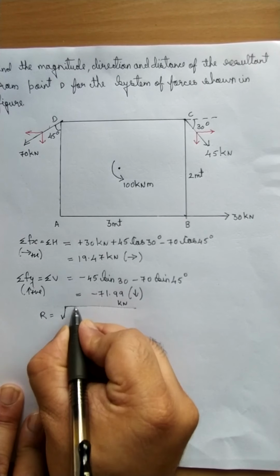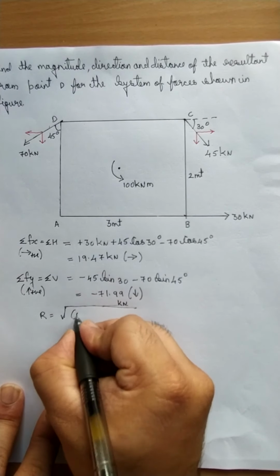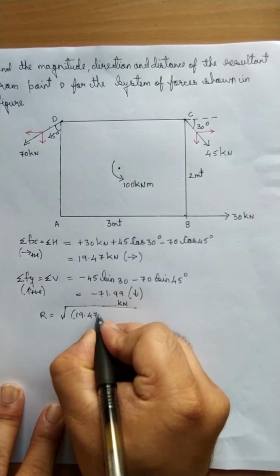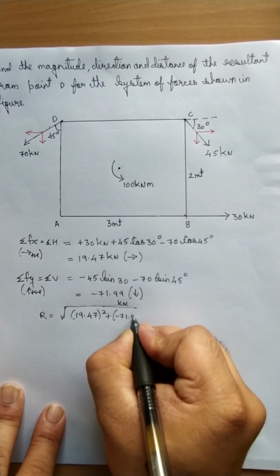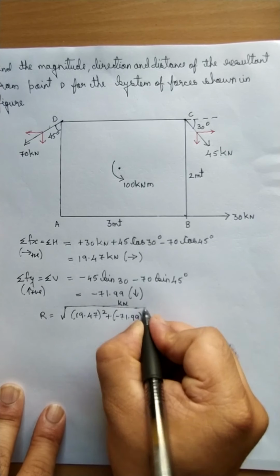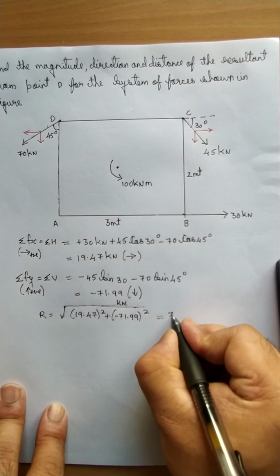The resultant will be the root of summation of Fx squared plus summation of Fy squared. So it will be 19.47 squared plus minus 71.99 squared.